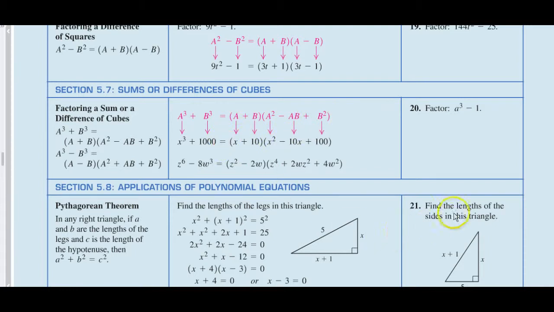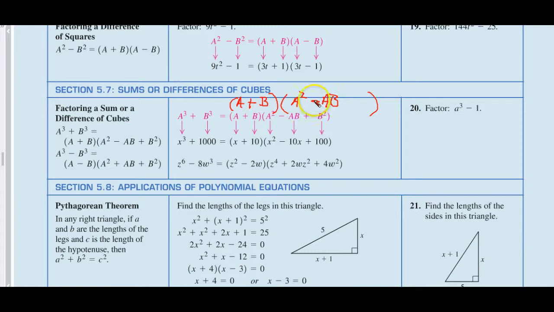And once again, the recipe was a parenthesis for 2 terms, parenthesis for 3 terms, whatever the sign is, you put there, then the opposite sign. Then take the cube root of this, cube root of that, square this, multiply these 2 together.